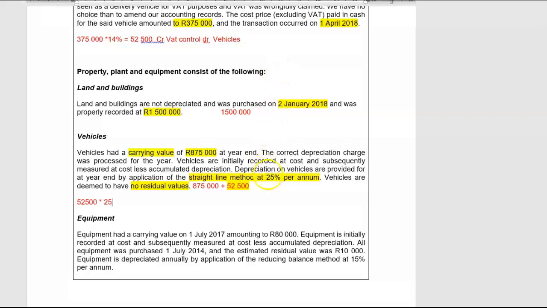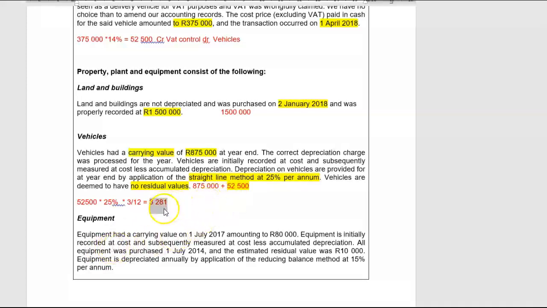We are writing off depreciation at 25% per annum, and we have purchased that vehicle on 1 April 2018. So we've used that vehicle for a period of 3 months in the current financial year. In total then, we have understated our depreciation charge for the year with 3,281.